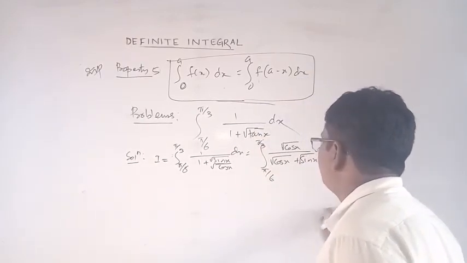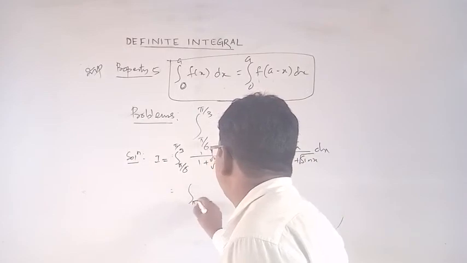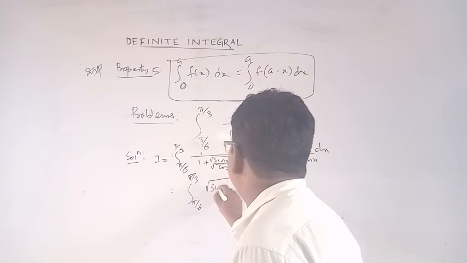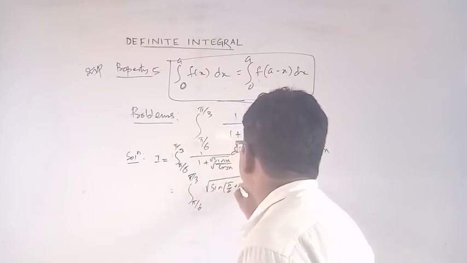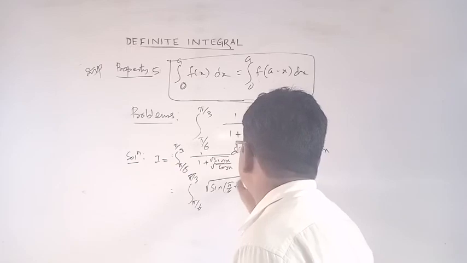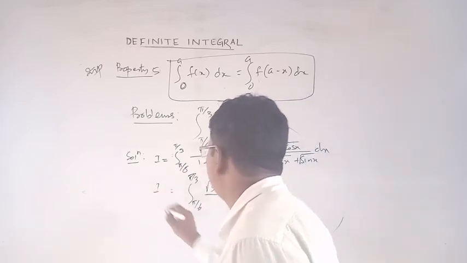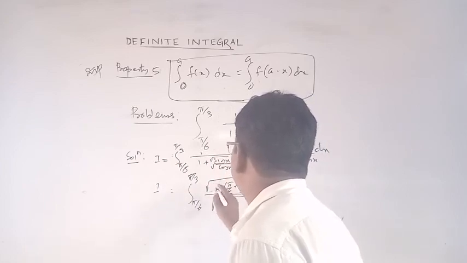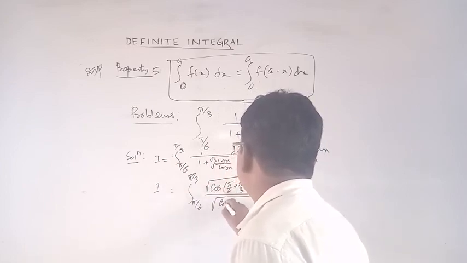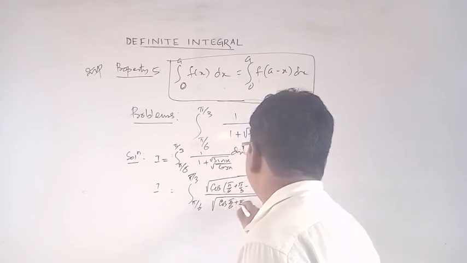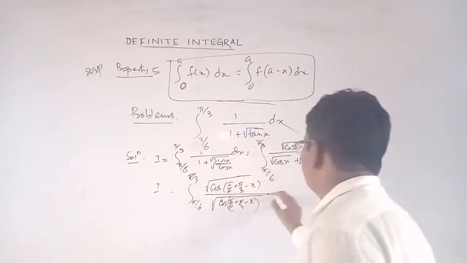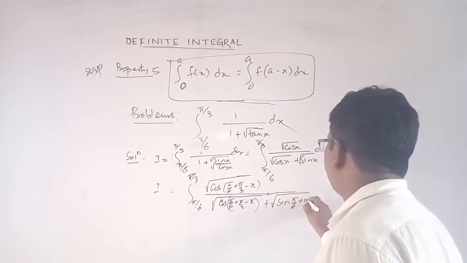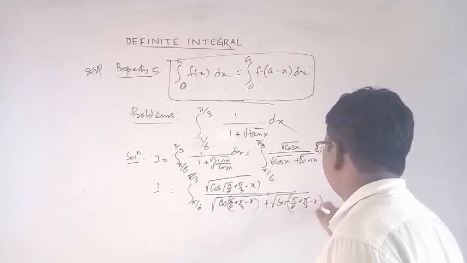That is equal to the integral from pi by 6 to pi by 3 of root cos of pi by 6 plus pi by 3 minus x, over root cos of pi by 6 plus pi by 3 minus x plus root sin of pi by 6 plus pi by 3 minus x, dx.